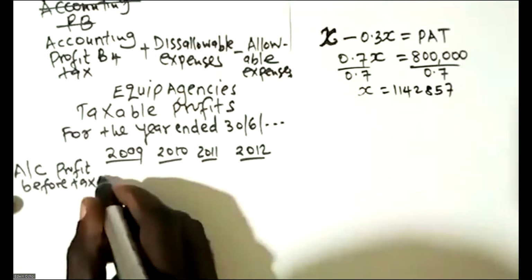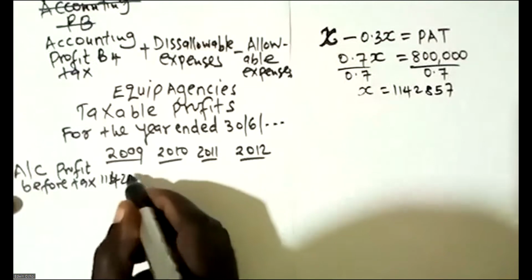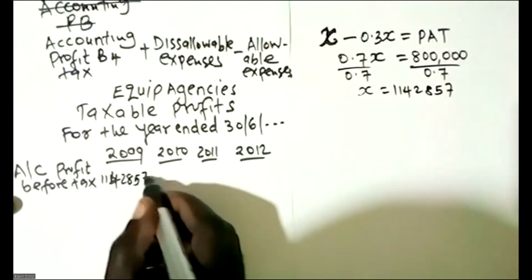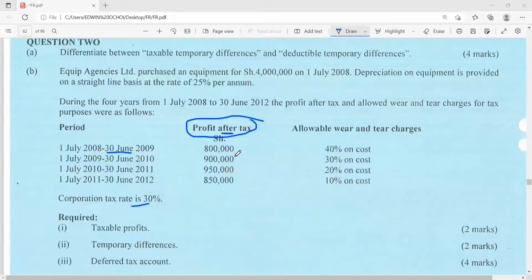So when you are converting the profit after tax to before tax, you divide by 0.7. You divide the answers you have for after tax by 0.7 so that you get those figures being before tax.